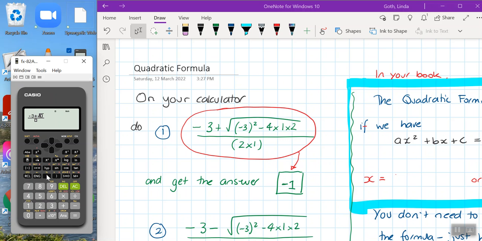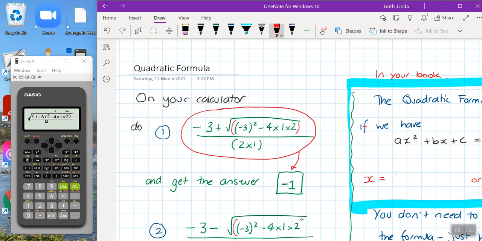Now it's possible that I'll need a double bracket here, so I'm going to have an open bracket, another open bracket, and -3 close bracket. I need to square that. Take away 4 times 1 times 2, close bracket.